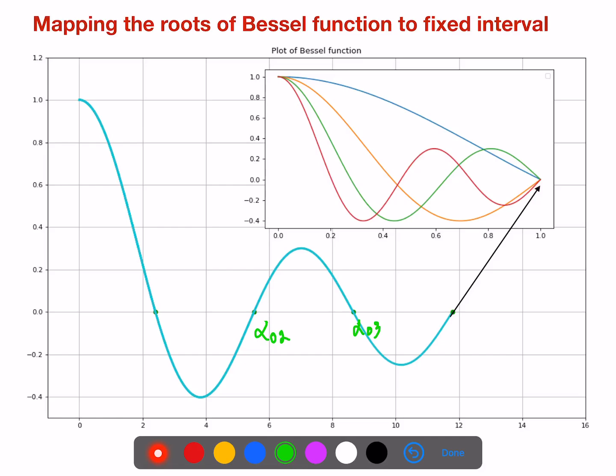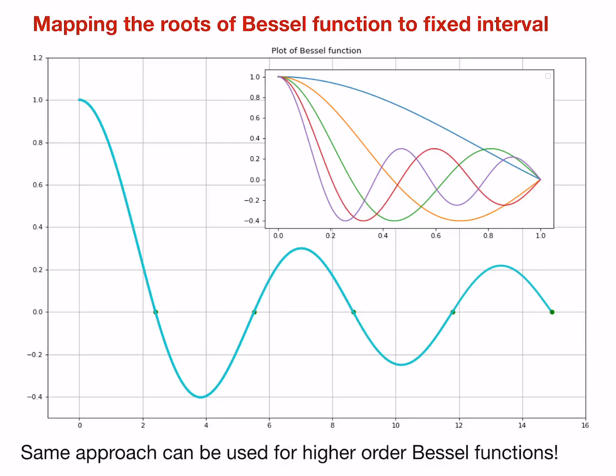In this case, that value is taken to be 1, and then we can have a Fourier Bessel series. These could also be used as a basis for the functions we have to use. We can use a similar approach for the higher order Bessel functions. In this case, J0 would be replaced by J1 or Jn, and we can do the same thing, map all the zeros to the fixed interval, and use them.